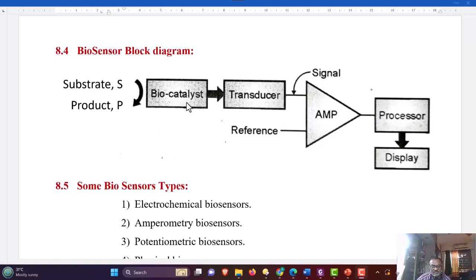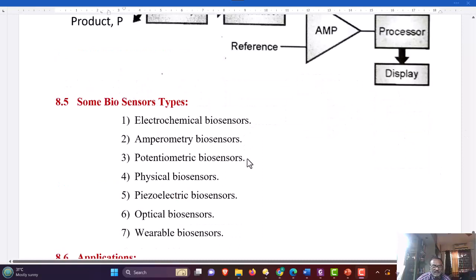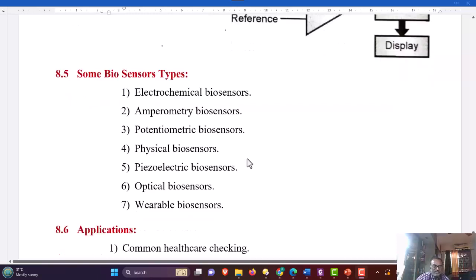Those changes will be detected by the transducer, and the transducer produces a signal in the form of an electrical parameter that can be further amplified if required and displayed. Some of the biosensor types are electrochemical biosensors, amperometric biosensors, potentiometric biosensors, physical biosensors, piezoelectric biosensors, optical biosensors, and wearable biosensors.